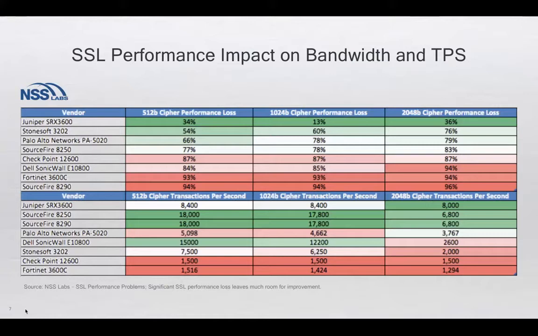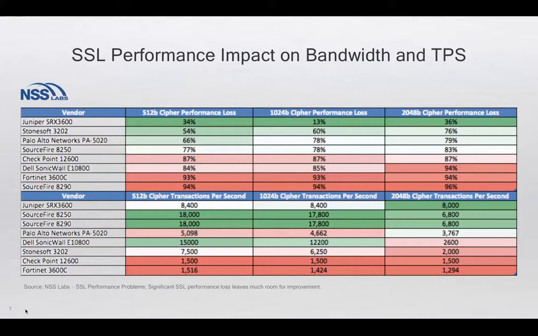And you can see here, maybe the best one here was maybe like a Juniper firewall. But if you look at the rest of the solutions here, when they begin to turn on SSL and ask for the decryption so we can gain visibility, you see the performance, 80%, 96% decrease in terms of their ability to handle it. So you're really stuck with a situation here where you're, I don't want to say damned if you do, damned if you don't.